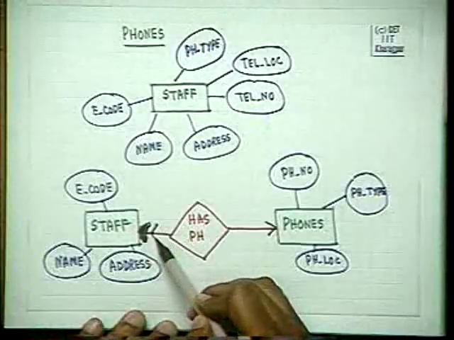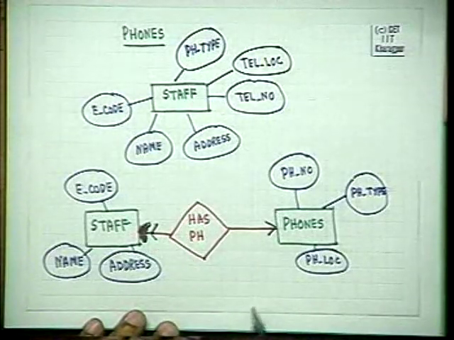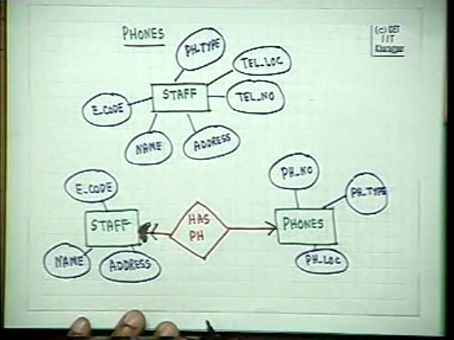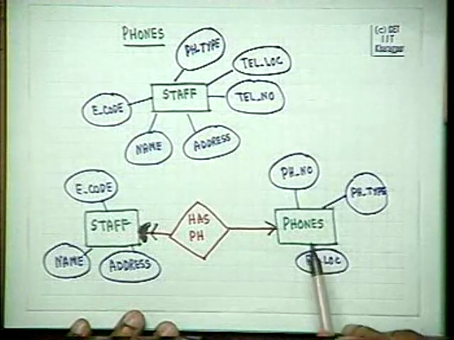And if I put both of them, now no sharing is allowed and a person can have only one phone, but still a person may have no phones. And still a phone may not be allocated to a particular person.